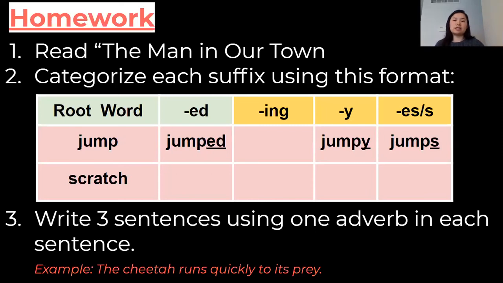Your responsibility is to then create the word with the suffixes ing, e, and es or s, depending on the grammatics of it. And I'll give you a hint, for scratch, it will be es. Okay. Now, after you complete this chart, you're going to write 3 sentences using 1 adverb in each sentence. For example, the cheetah runs quickly to its prey.